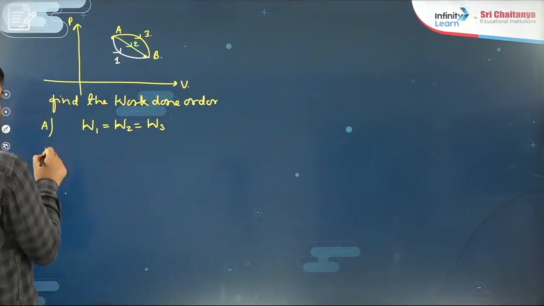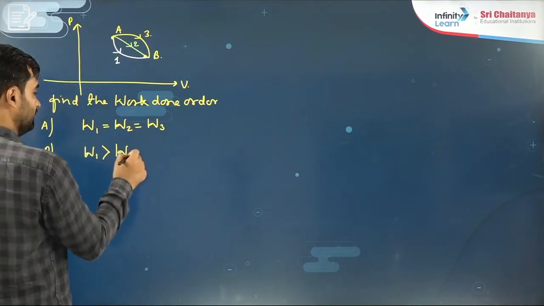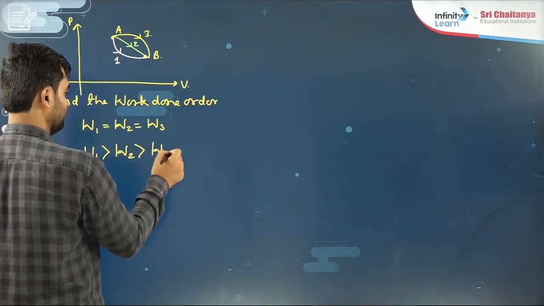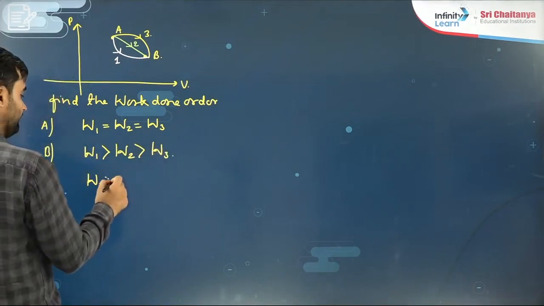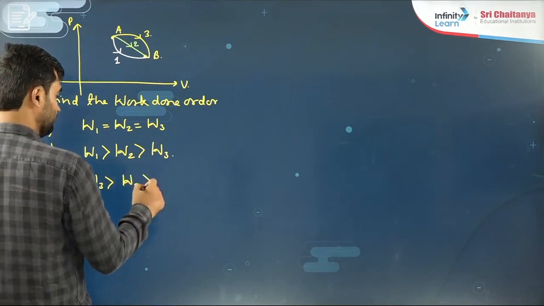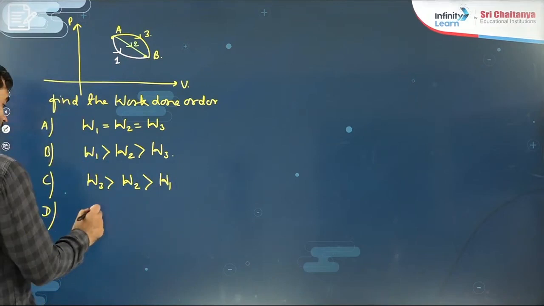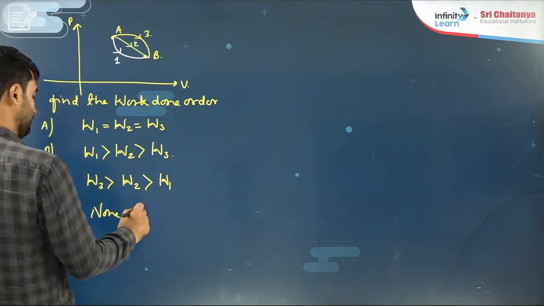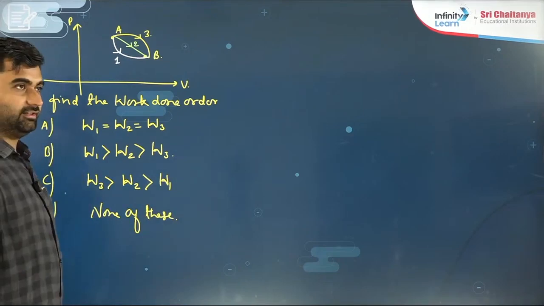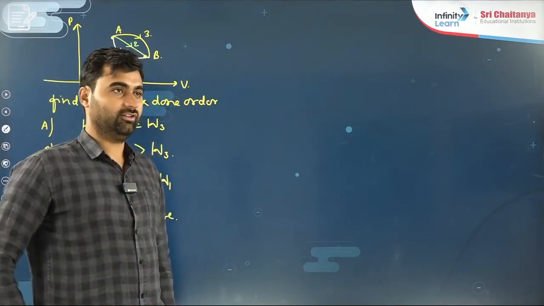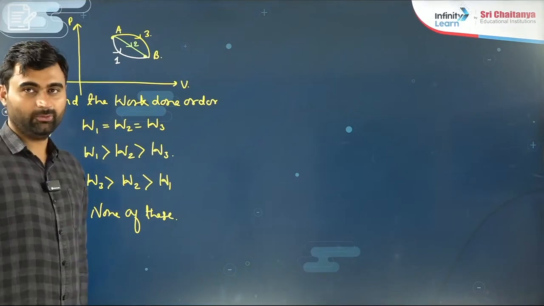Second option, W1 is greater than W2 is greater than W3. Third, W3 is greater than W2 then W1. And fourth option, none of these. Which option is correct? Send your response: A, B, C. So the C option is correct.